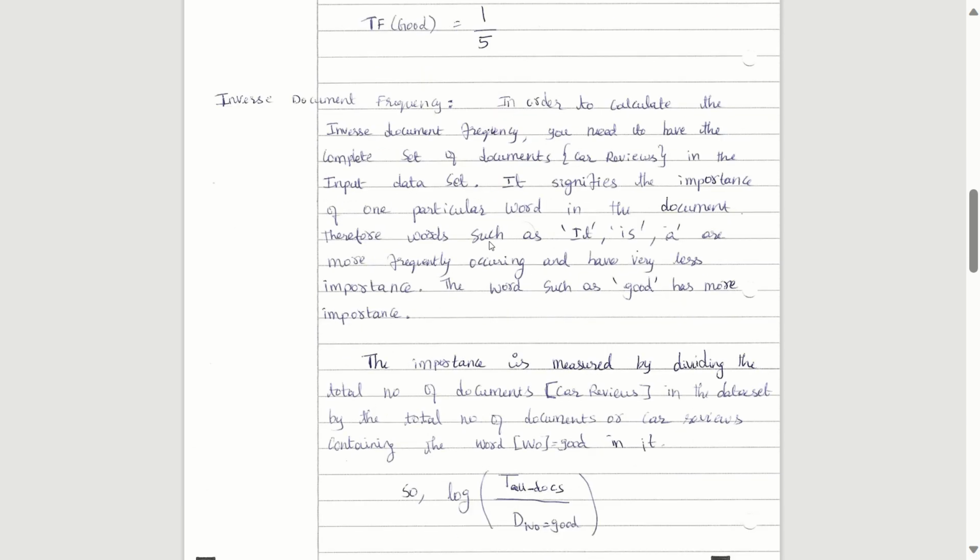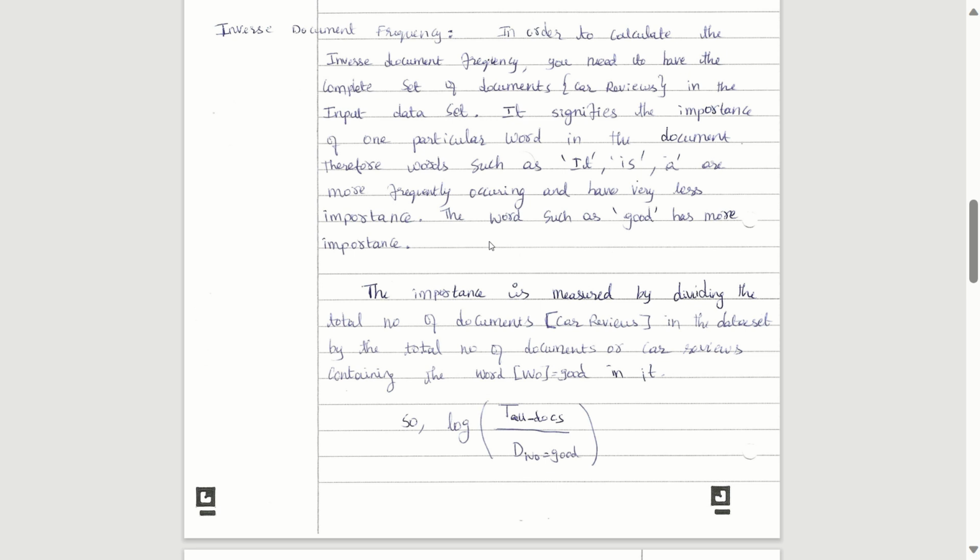The importance is measured by dividing the total number of documents available in the data set by the total number of documents having the particular word.